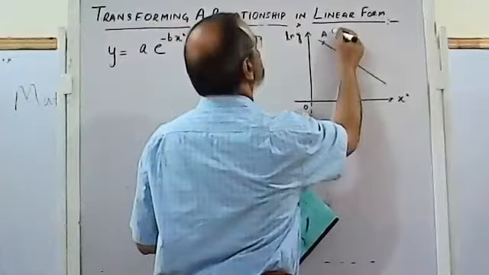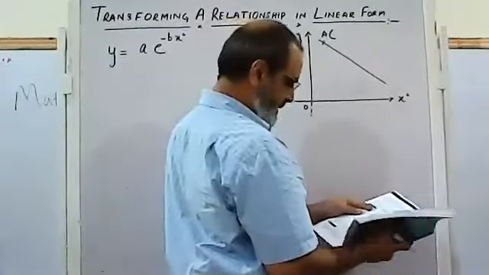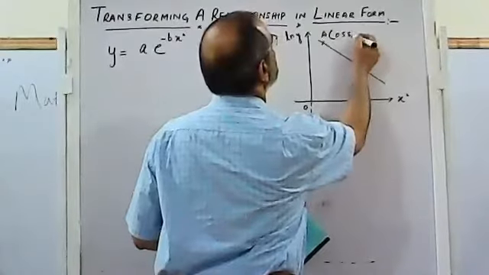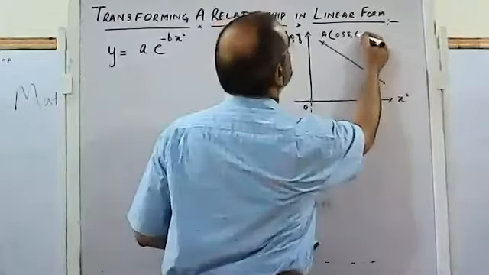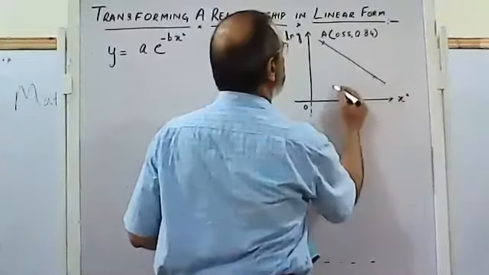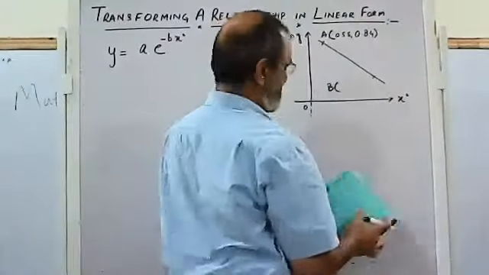A has coordinates and point B has coordinates.